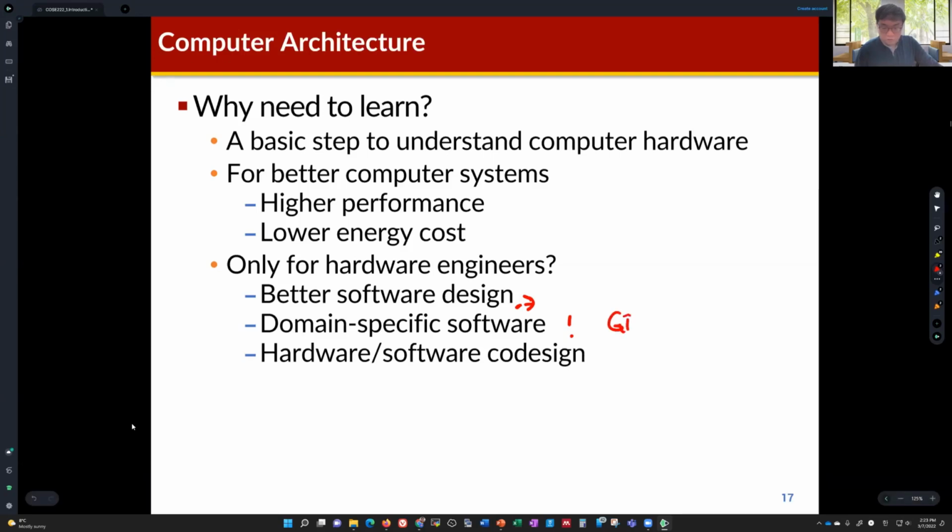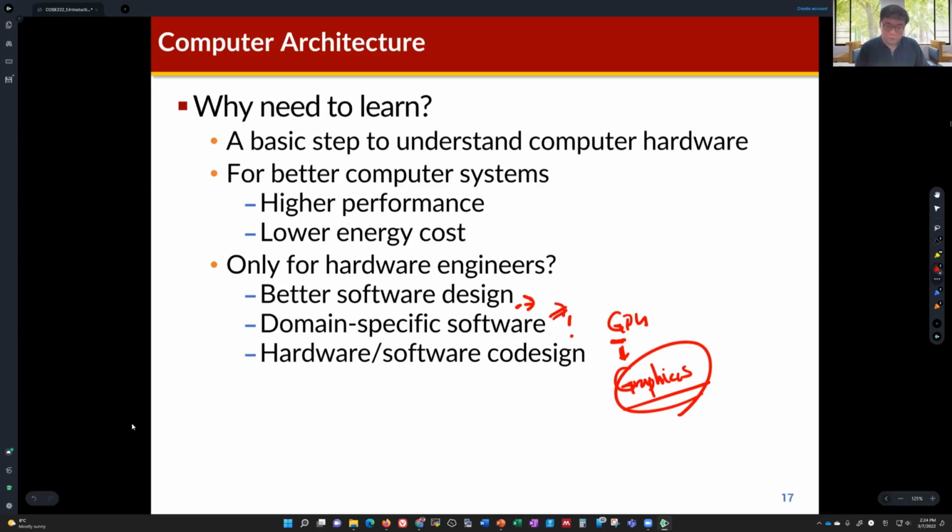As you know, GPU, the G means graphics. It's not central, it's graphics. This means GPUs are designed for graphics applications. It's a specific purpose processor, not general purpose.